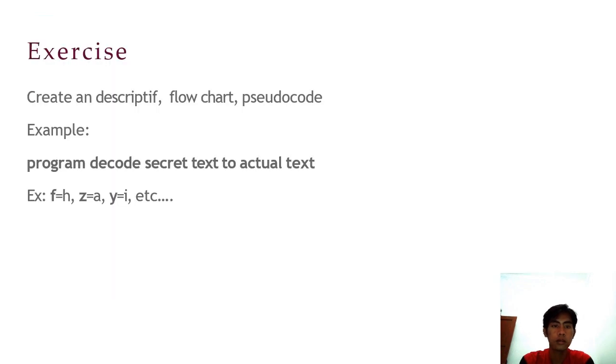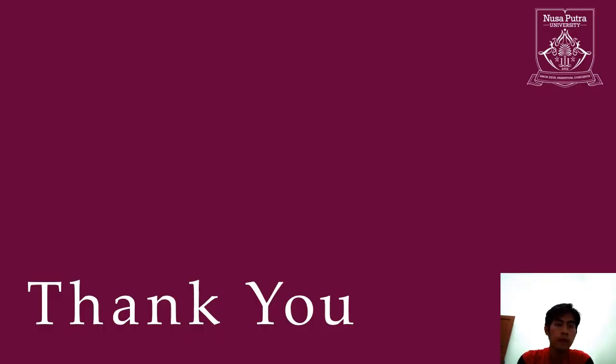Exercise: create a flowchart, procedure, and code example, and program the code to convert secret text to actual text, where x is equal to h, z is equal to a, and y is equal to a, etc.